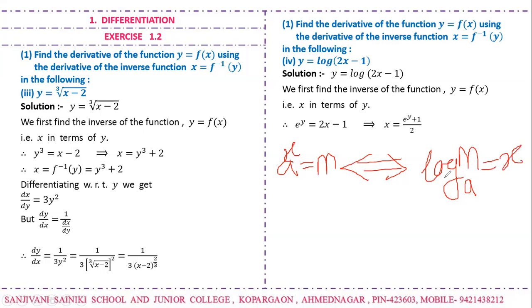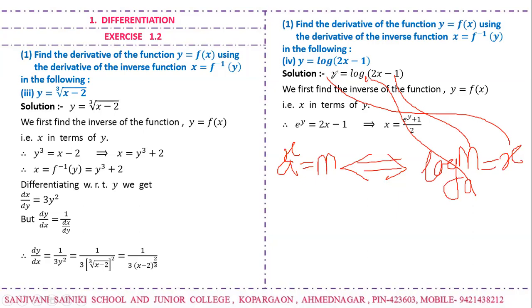This is the definition of the logarithm. So here y is nothing but x, m is nothing but this, and a is nothing but the value e. So if you use that term, you will get the exponential form.